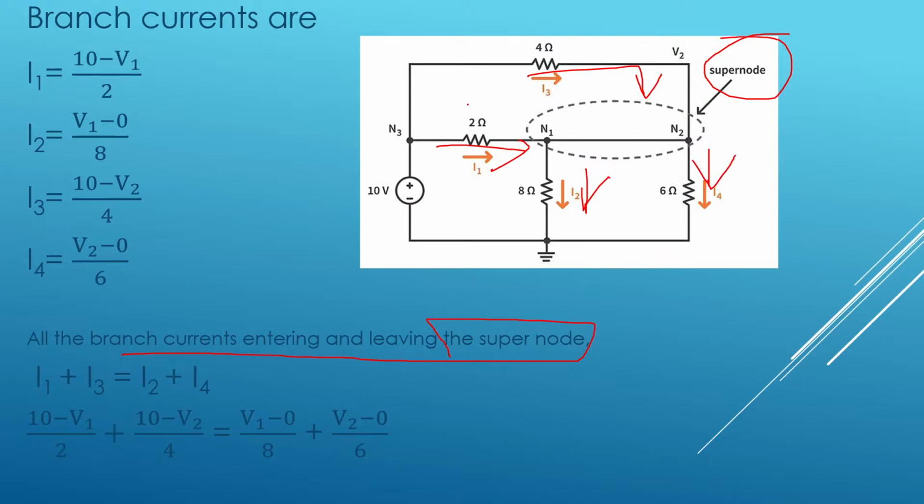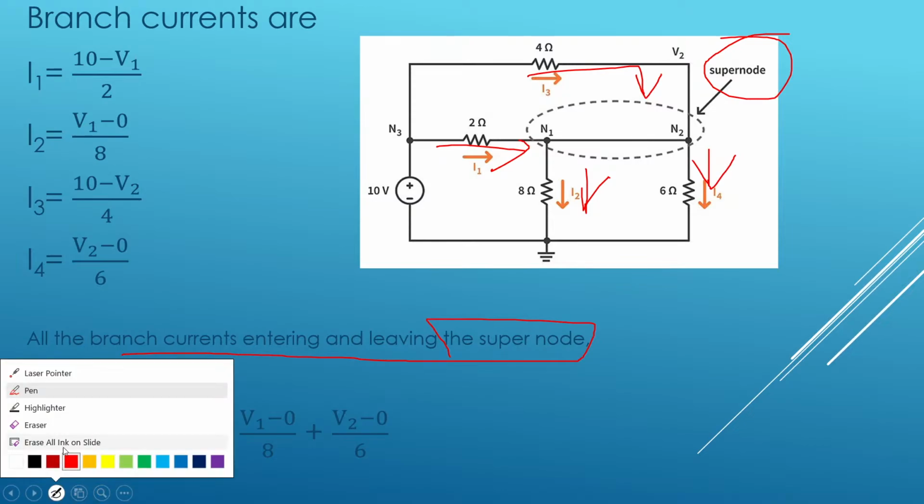So two currents are entering and two are leaving. The algebraic sum of entering currents at a node must equal the algebraic sum of leaving currents. So I1 plus I3 equals I2 plus I4.